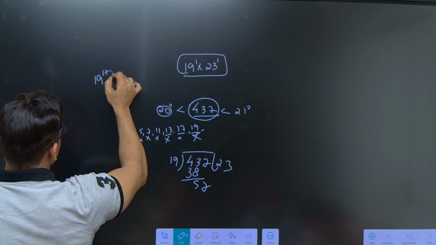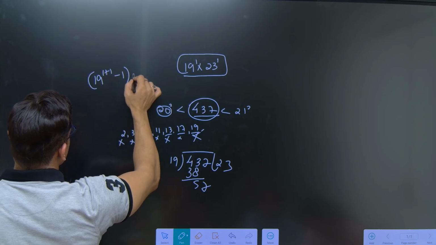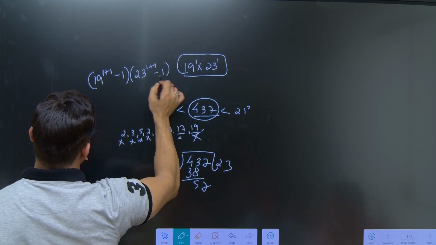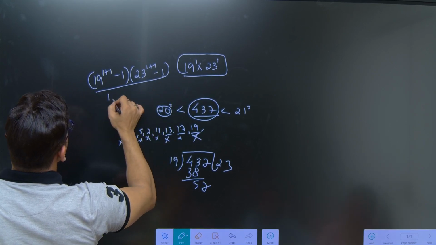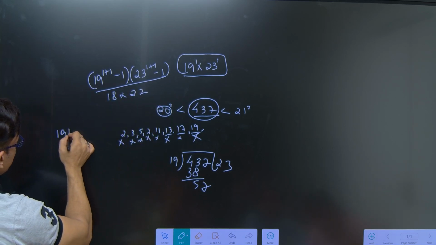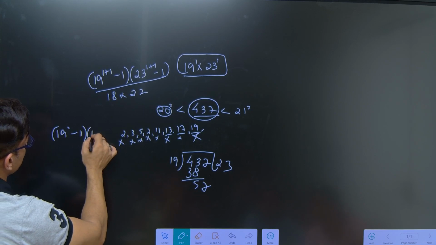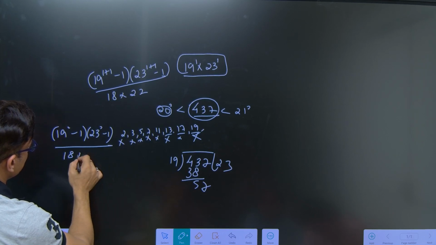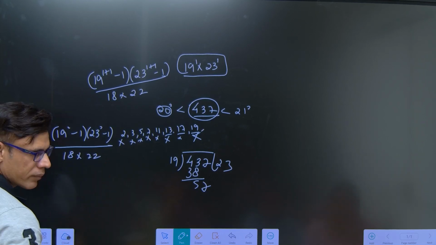19 raised to the power 1 plus 1 minus 1, 23 raised to the power 1 plus 1 minus 1 divided by 18 into 22. Now 19 square minus 1, 23 square minus 1 divided by 18 into 22.